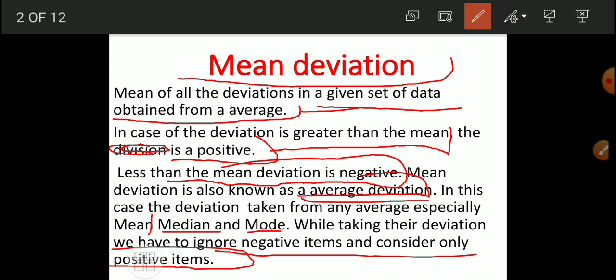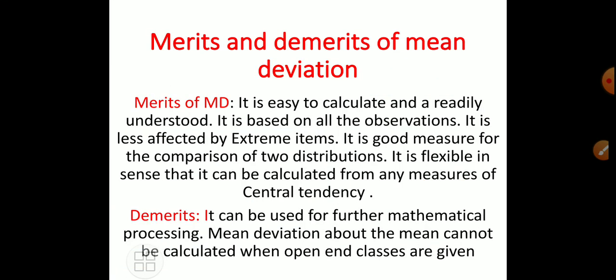Mean deviation, as we have seen, is also known as the average deviation. The deviation is taken from any average, especially mean, median and mode, and while taking the deviations, we have to ignore the negative signs and consider only positive values.